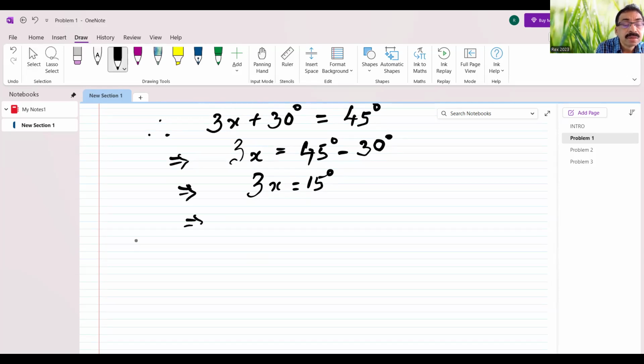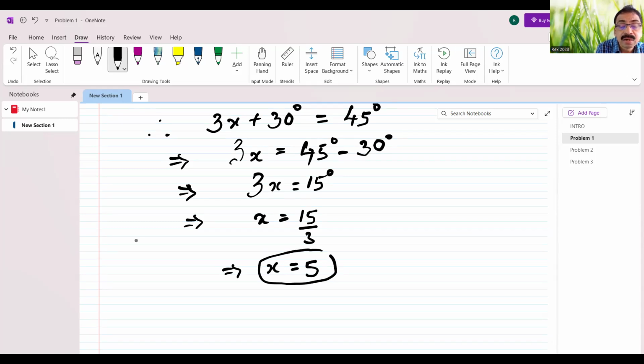So 3x is equal to 15 degrees, which means x is equal to 15 divided by 3, and that is x is equal to 5 degrees. So this is our answer.